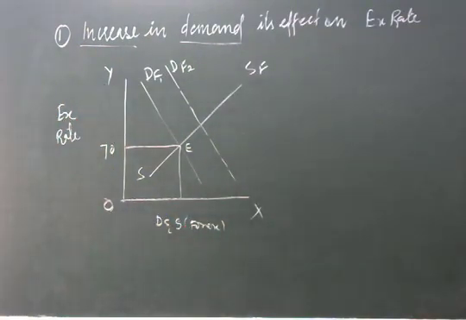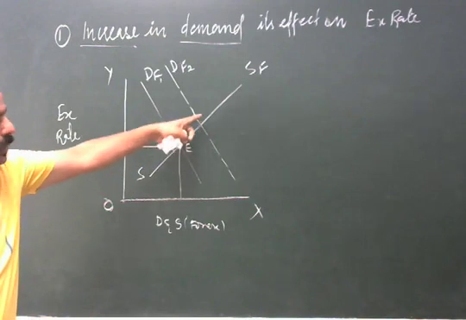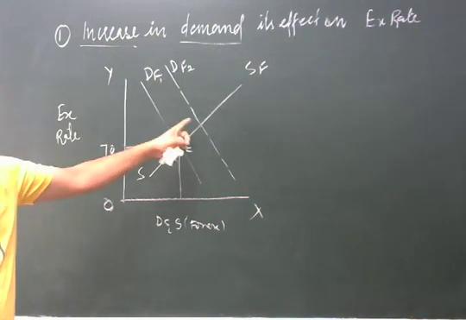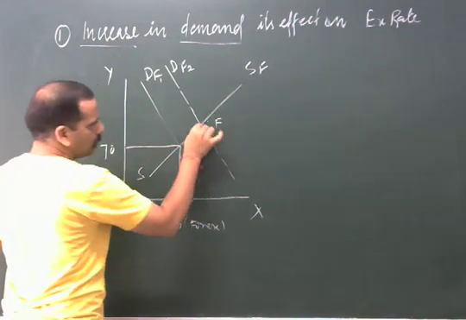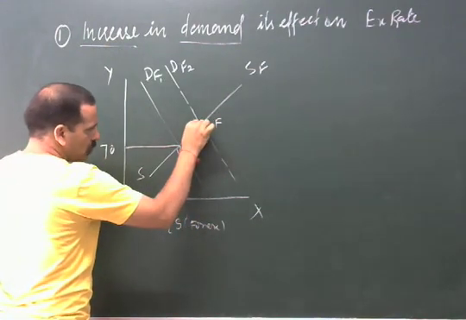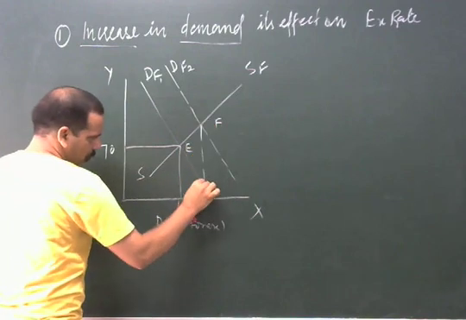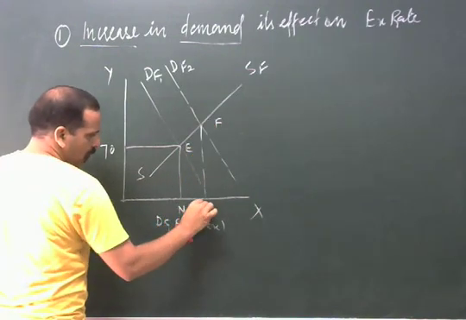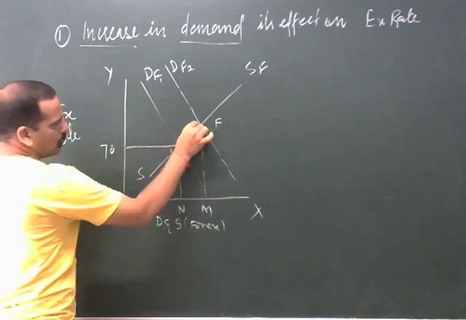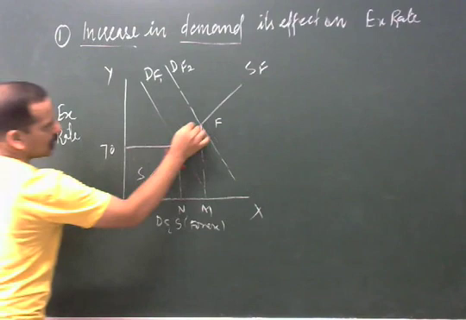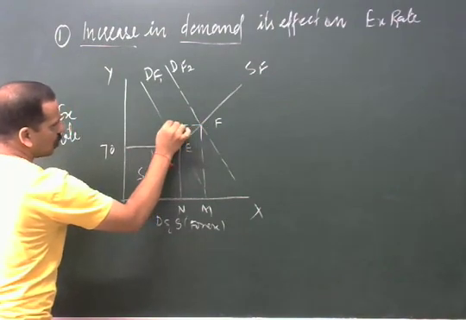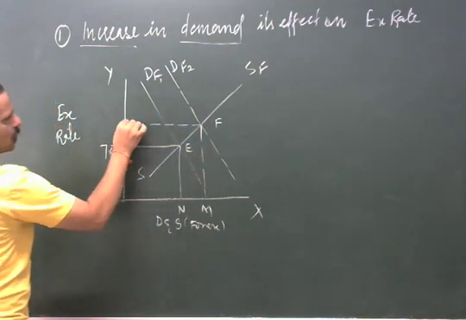Now see where the old supply curve and the new demand curve intersect. Let this be your F point, with M and N as the other points. Now on the OY axis, let us see the exchange rate.